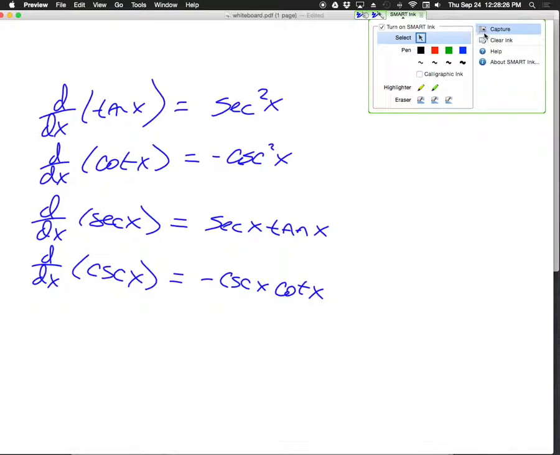Alright, so let's put them into action. I want to find the derivative of cosecant of 2x. Any thoughts on what this derivative needs to be?